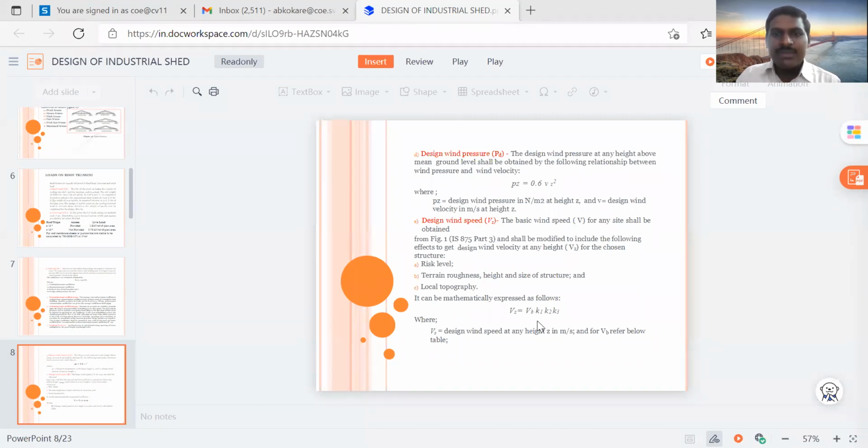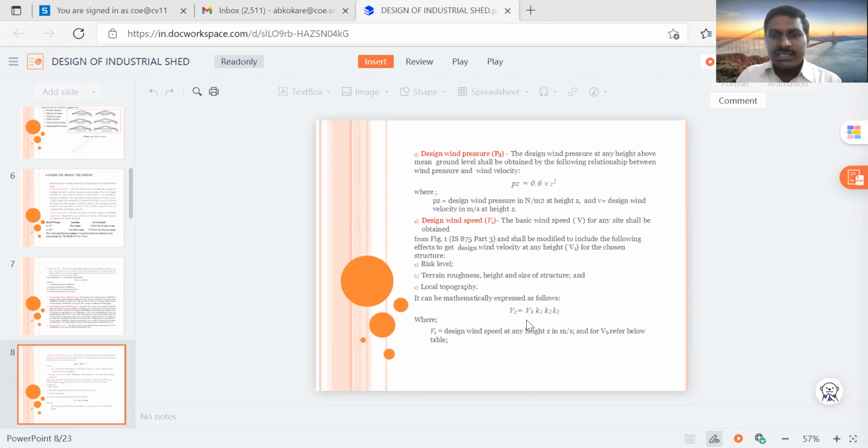So that is VB. K1 is the risk level factor, K2 is the terrain factor, and K3 is the local topography factor. It means depending on the location of your building, we have to use these K1, K2 and K3. Some of the factors depend upon the height of the building, some depend upon the topography of the particular area of the building.